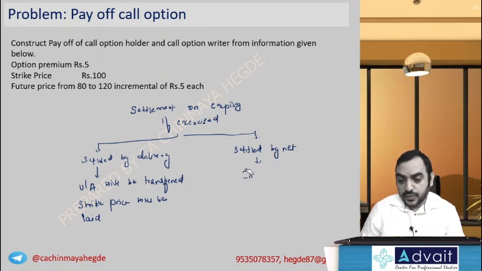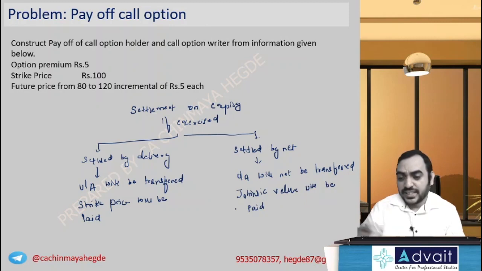The underlying asset will not be transferred. And the intrinsic value will be paid or received, as the case may be. One person will pay, the other person will receive it. Exchange, that's what I meant.